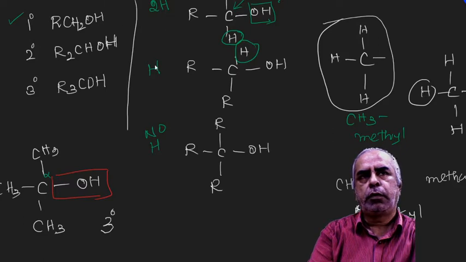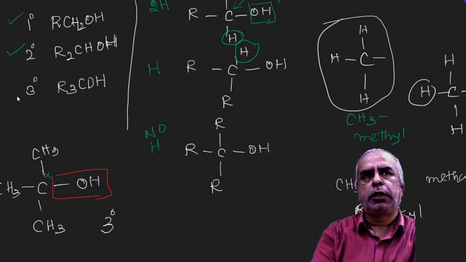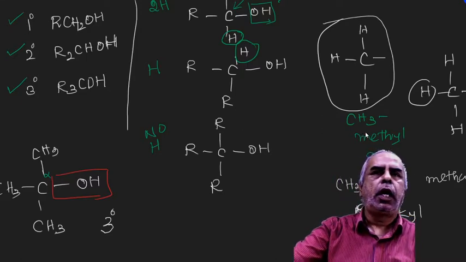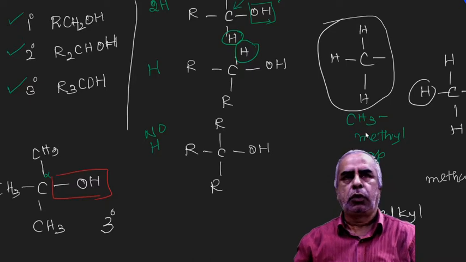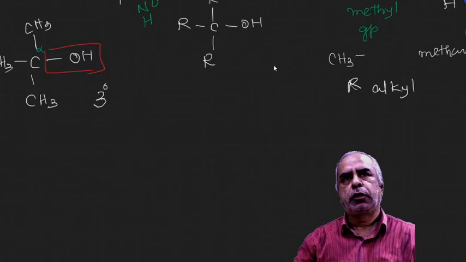If it has one hydrogen, secondary. When it has no proton, it is known as tertiary. This is the way you should identify the type of alcohol, whether primary, secondary or tertiary. Do you understand?